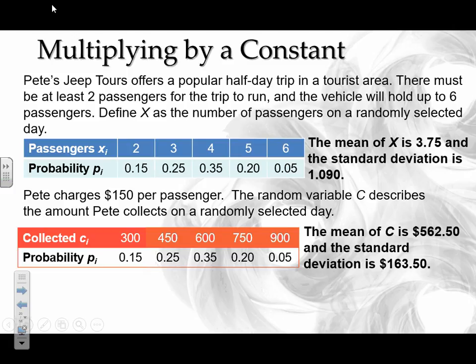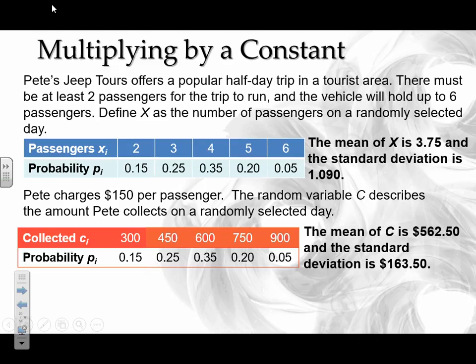You get 163.5. So, new mean, $562.50. New standard deviation, $163.50. So on any given day, he can expect to collect $562.50, but on a given day, he will typically be off from that mean by about $163.50.